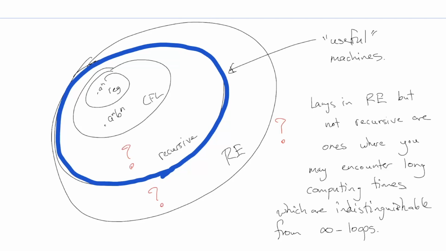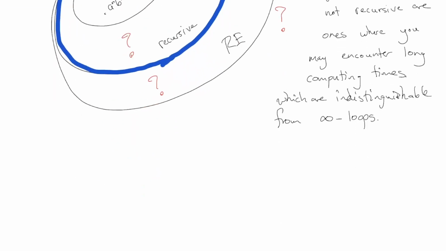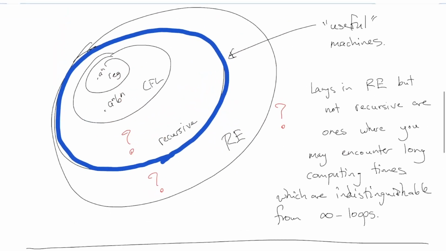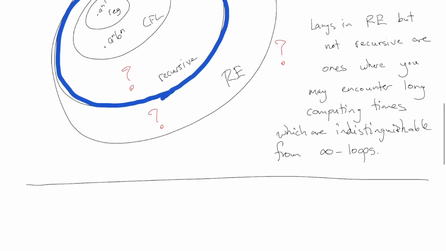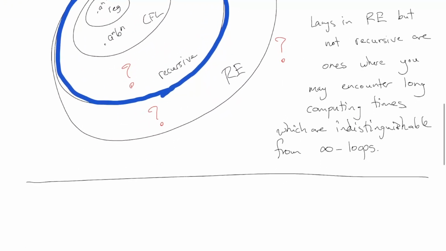Now, perhaps we are getting a bit ahead of ourselves when I'm talking about using Turing machines in the real world, because, of course, nobody uses actual Turing machines in real life. A Turing machine with a tape and a head on it, when you think of computing machines, they don't really look like that. We'll come back to this little diagram and try to fill in some of these question marks, although maybe not today, I'm not sure.